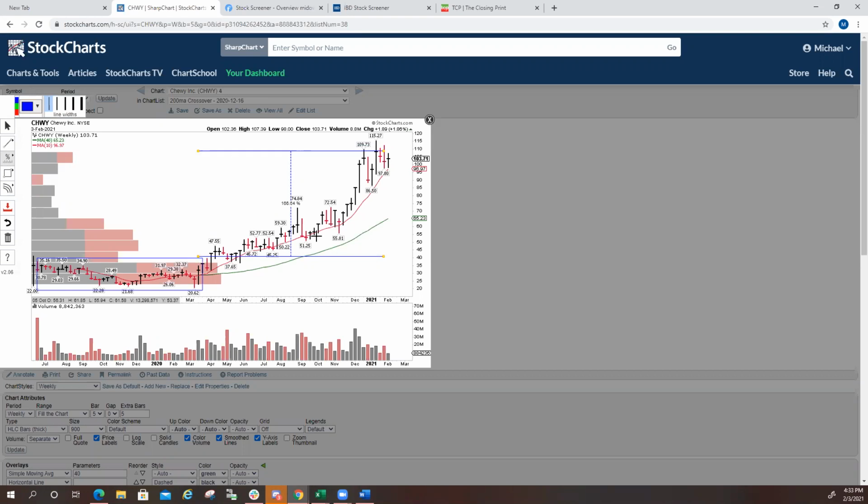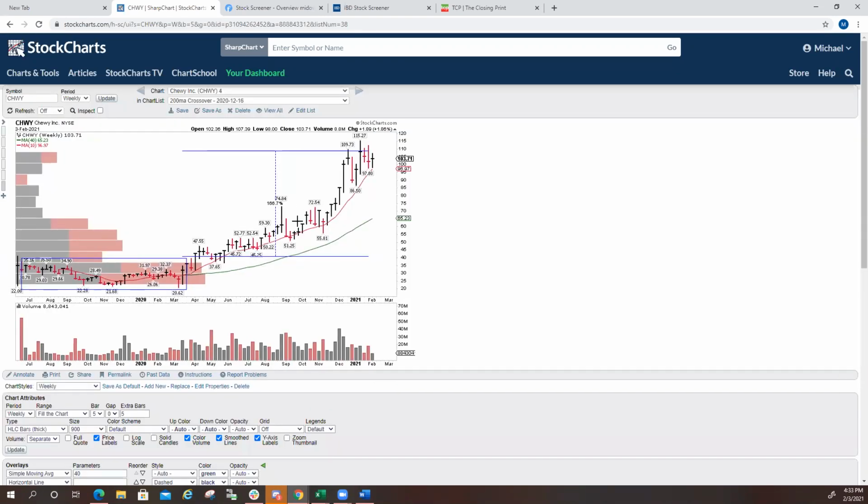This exponentially changes your portfolio size and your money for your life. And that's what we want to capture. That's my goal. I've only had a few of these that have been 300% winners, but I've captured quite a few 100% winners. So that's what I want to be in, and that's what I want to capture.